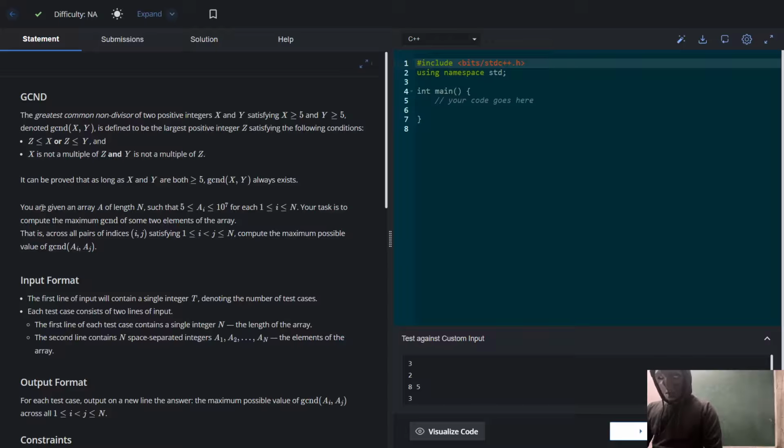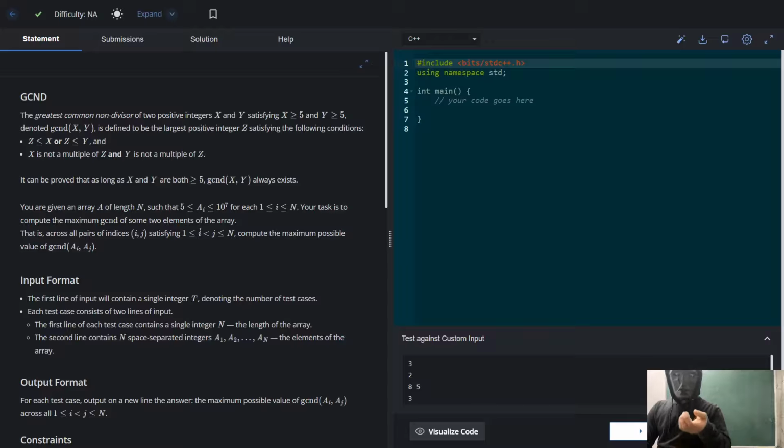Your task is to compute the maximum GCND of some two elements of the array, that is, across all pairs of indices i and j, where the pair of indices should satisfy 1 ≤ i < j ≤ n. So basically we'll have to take all pairs, and you should not take the same element twice.